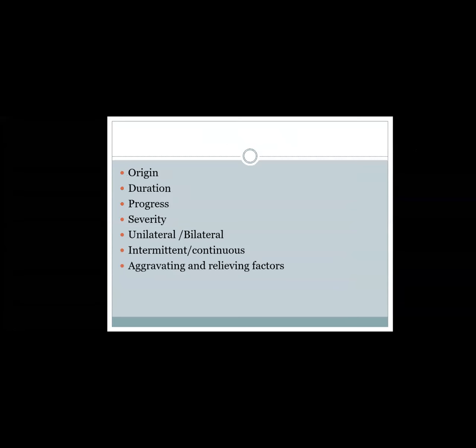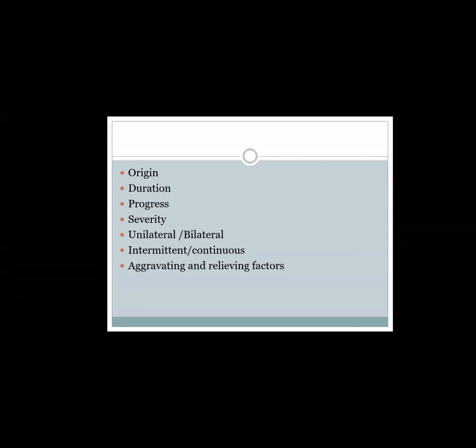For any symptom, you have to first ask where it is, when it started, how long the duration has been, and how it has progressed. For example, it started slowly and now it is aggravated. Then severity, whether it's low intensity or severe.